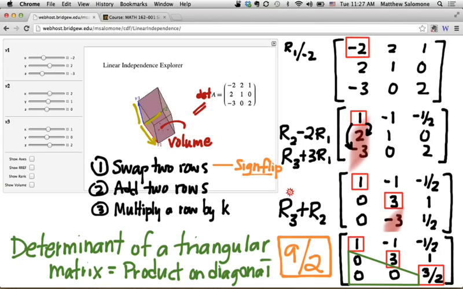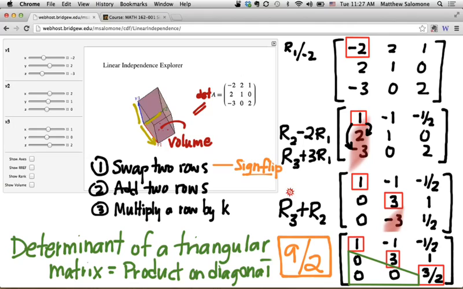That if I exchange the order of 2 rows, or if I exchange the order of 2 columns, it turns out that the sign of the determinant switches. So that's the first thing to notice, is that swapping rows flips the sign of the determinant. Now, we didn't do any of that in the process of taking our determinant, so we don't have to worry about there being any sign flips in the work that we did.